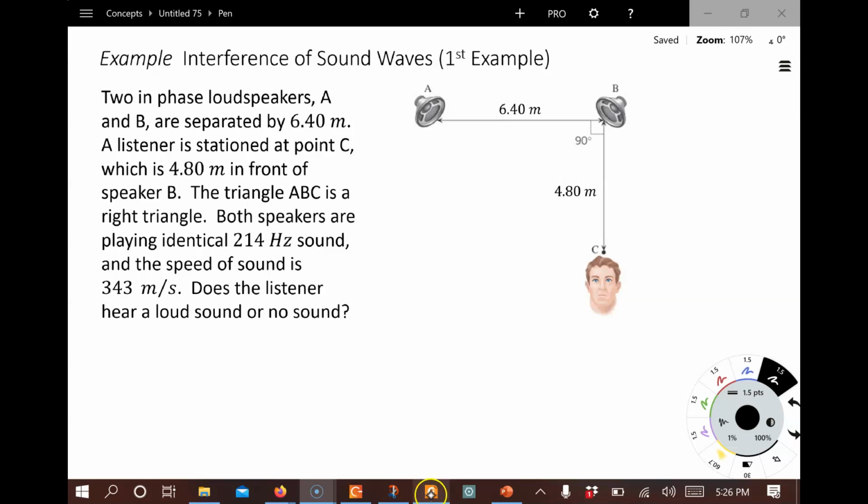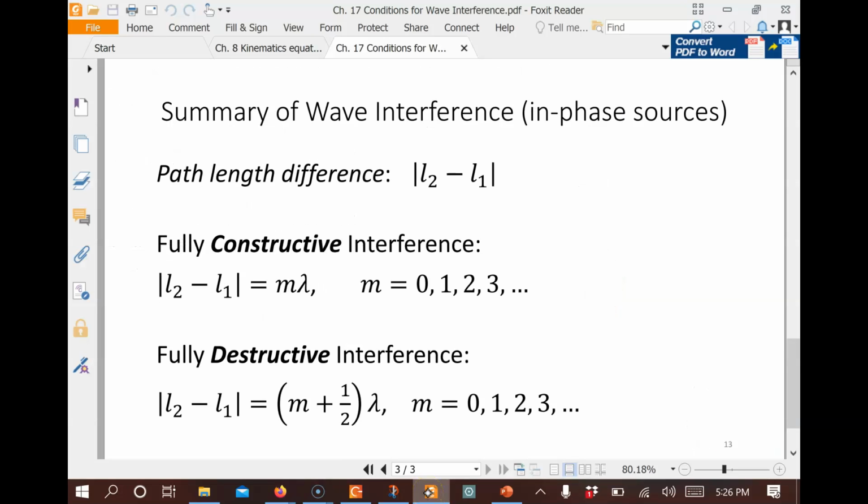To figure that out, we're going to go ahead and use the summary of wave interference here. It all comes down to looking at the difference in the paths, L2, L1, that the two waves need to travel from the second speaker to the listener and the first speaker to the listener. Depending on the difference in those lengths, if you have a zero difference or a whole number of wavelengths different, you're going to get constructive interference, which for sound waves is loudness.